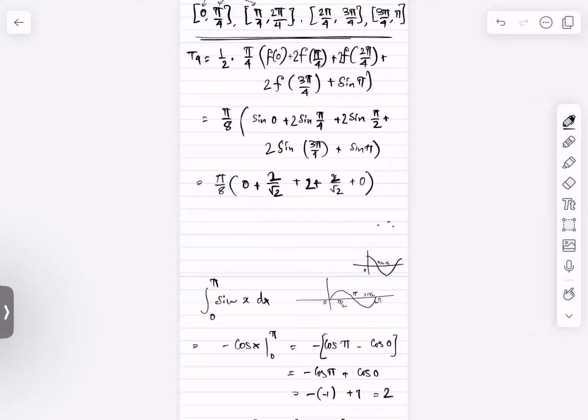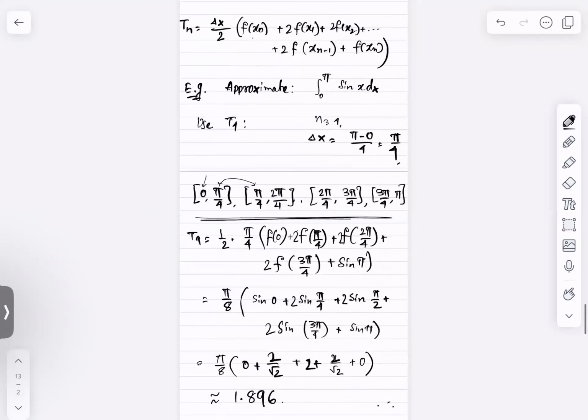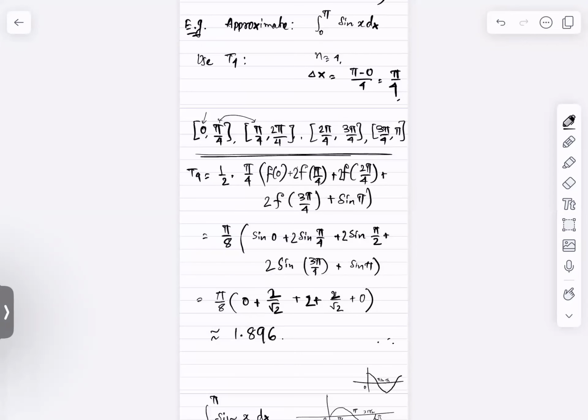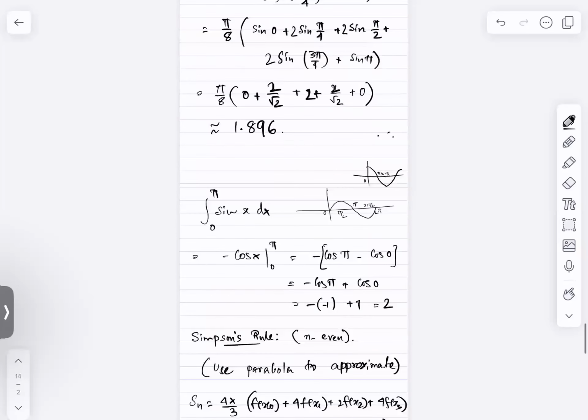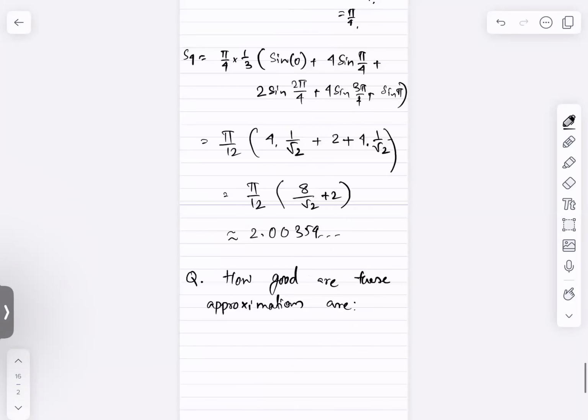If you use a calculator, it should be 1.896, something around that, I believe. Yeah, my bad. But still we can see that the trapezoidal rule is kind of weak in this case compared to Simpson, because Simpson is getting a better approximation, nearer to the exact value.